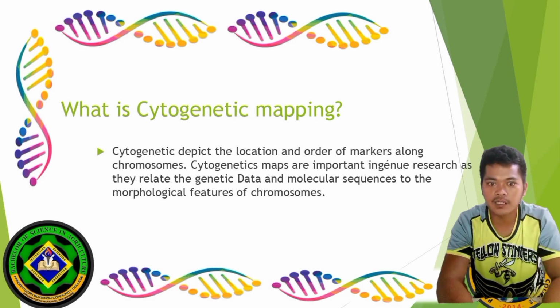Cytogenetic maps depict the locations of genes or markers along chromosomes. Cytogenetic maps are important in gene research as they relate the genetic data and molecular sequence to the morphological features of chromosomes.